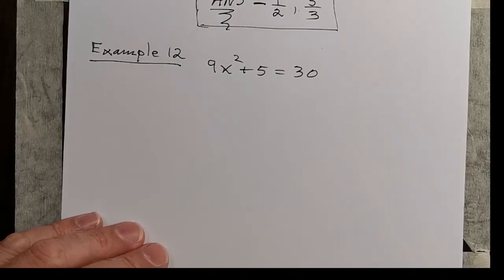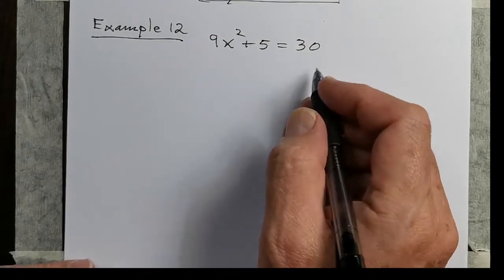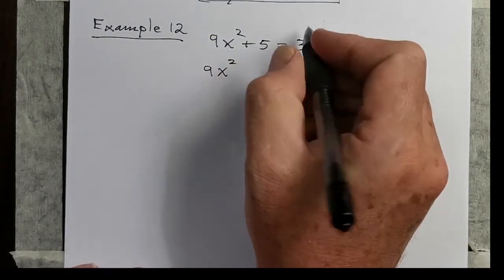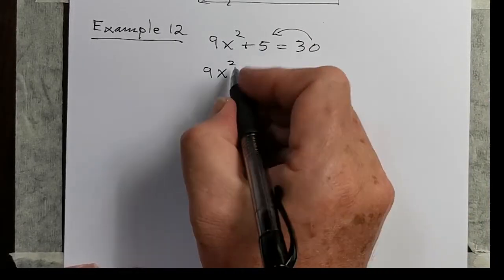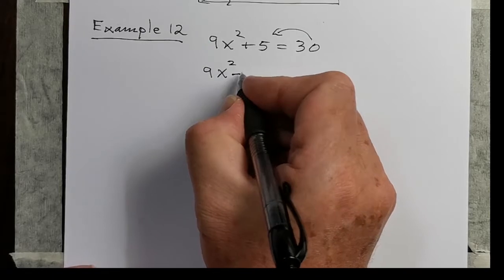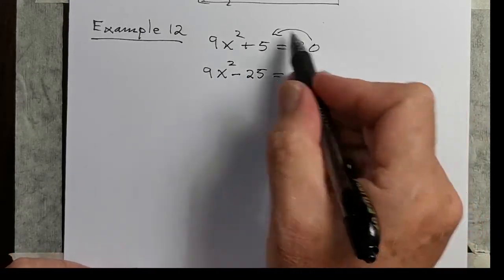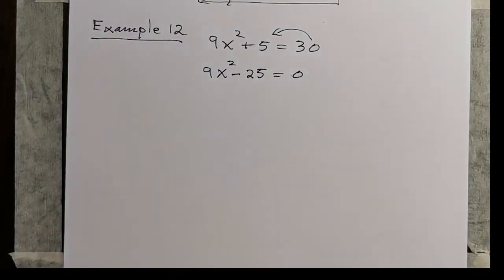Well, to begin with, let's just move our 30 over to the left so we have it set equal to 0. So this becomes 9x squared, bringing the 30 over here, plus 5 minus 30 is minus 25 equals 0.